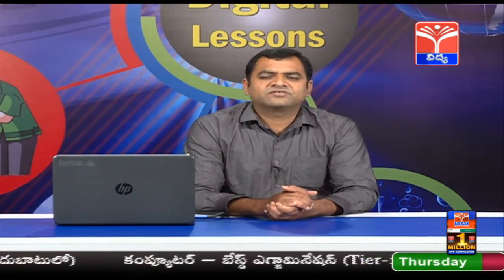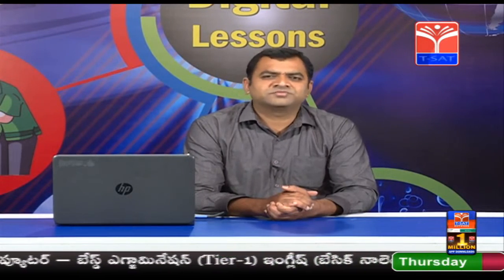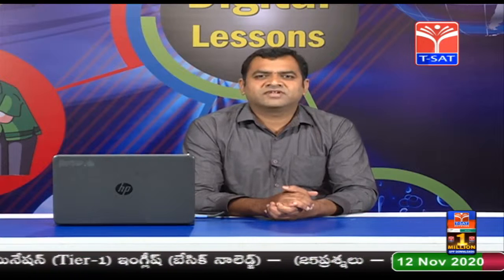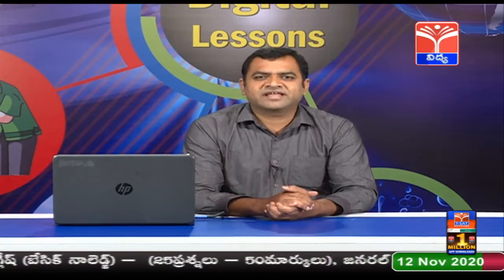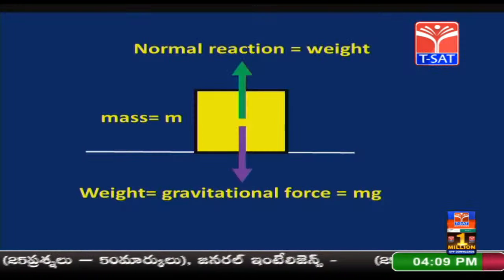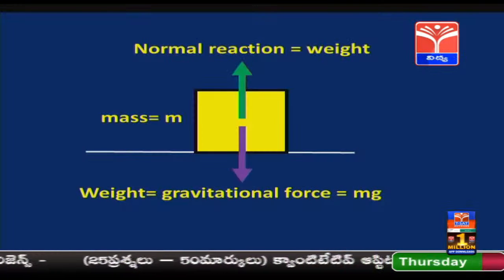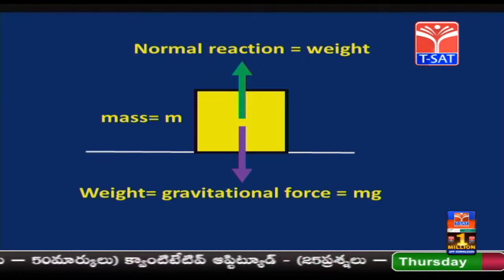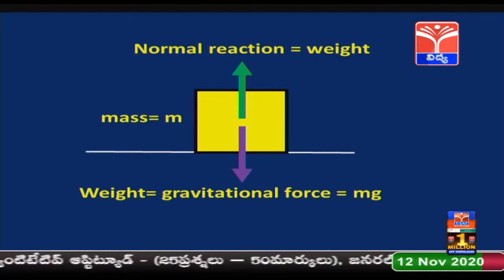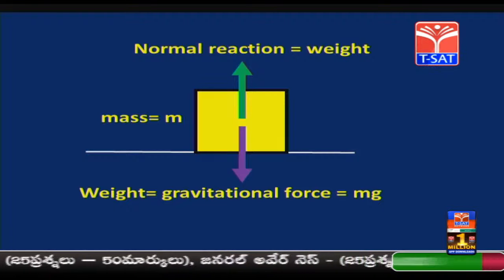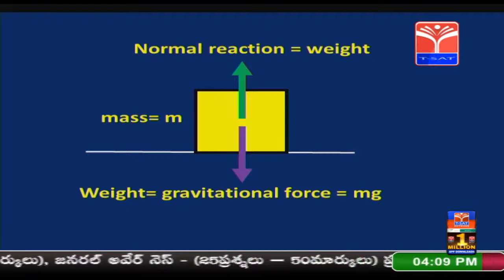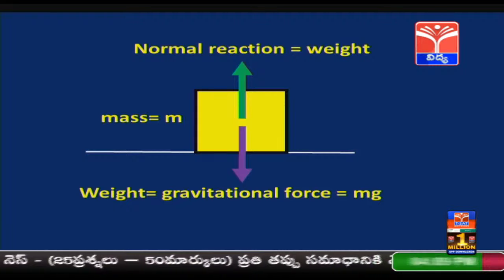From Newton's third law, we have discussed that every object which is on the ground will experience a normal reaction from the ground. Consider this object of mass m on the ground. Its weight, that is gravitational force, acts downwards, and hence the normal reaction will be equal to the weight when the object is at rest.